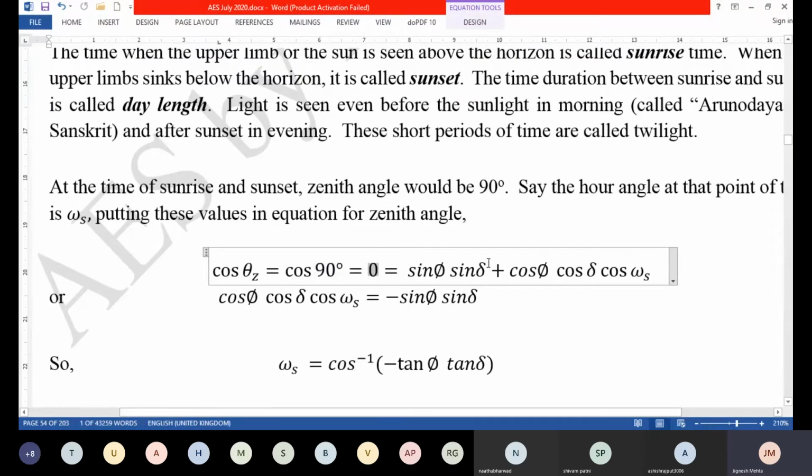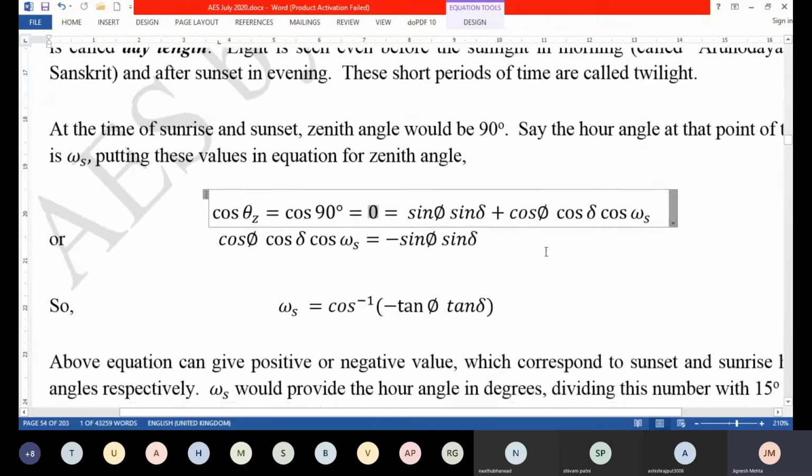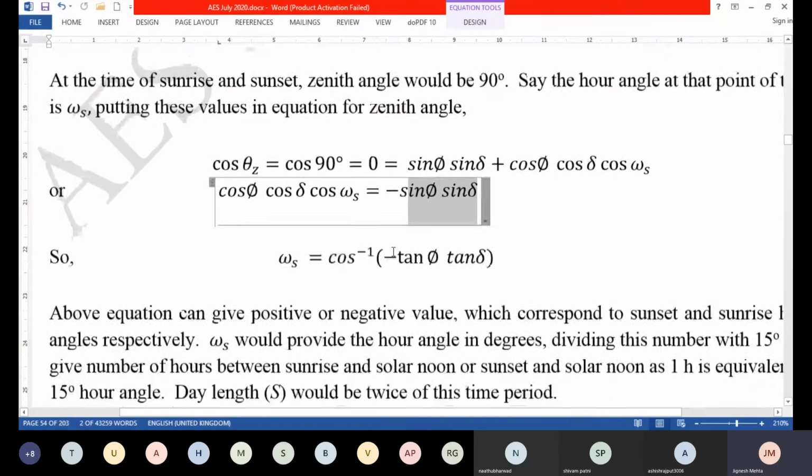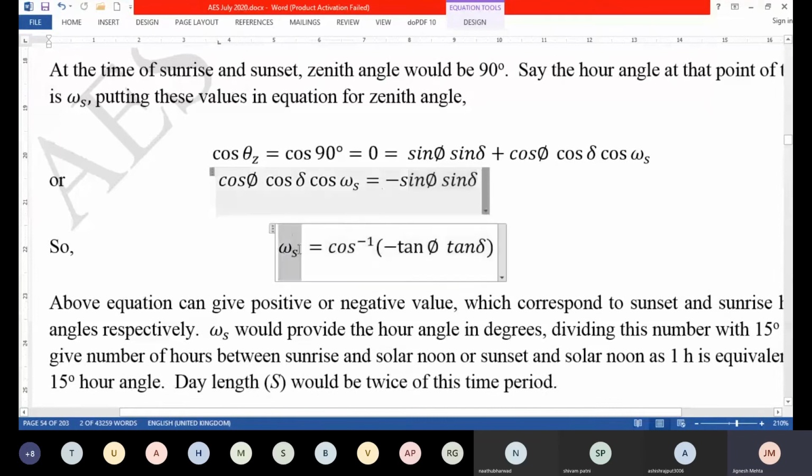So this right hand side should be equal to 0. So I have rewritten this. I have taken the first term to the other side, which makes it negative. Basically this omega s, that is our hour angle at the time of sunrise, can be found with this formula: cos inverse of, so this cos phi cos delta is taken on this side, so it makes it tan phi tan delta, right?